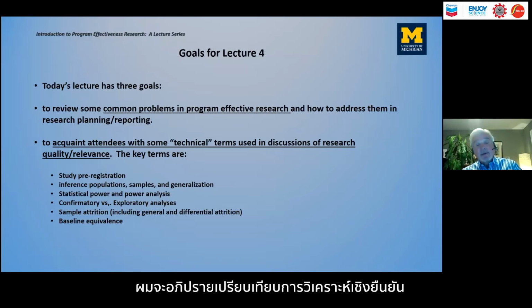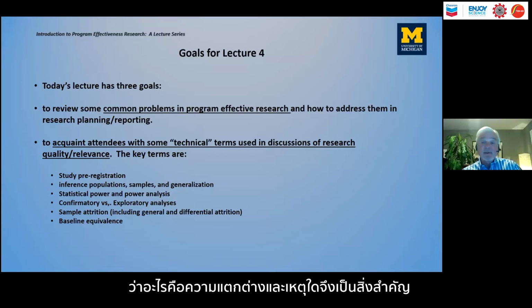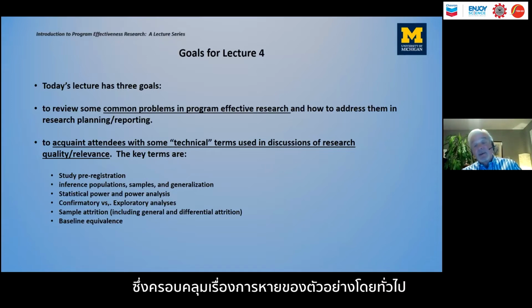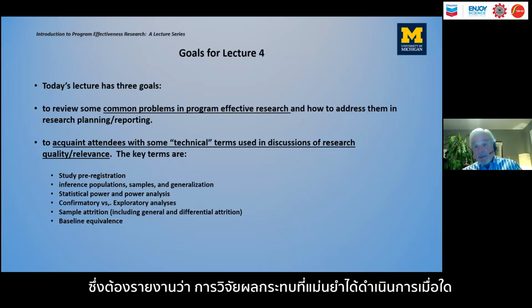I'm going to discuss confirmatory versus exploratory kinds of analyses, what the difference is and why that's important. I'm going to discuss sample attrition, including general attrition from a sample and differential attrition, and how that can sometimes erode what's known as baseline equivalence. These are the main topics that need to be reported on when a rigorous impact study is being conducted.